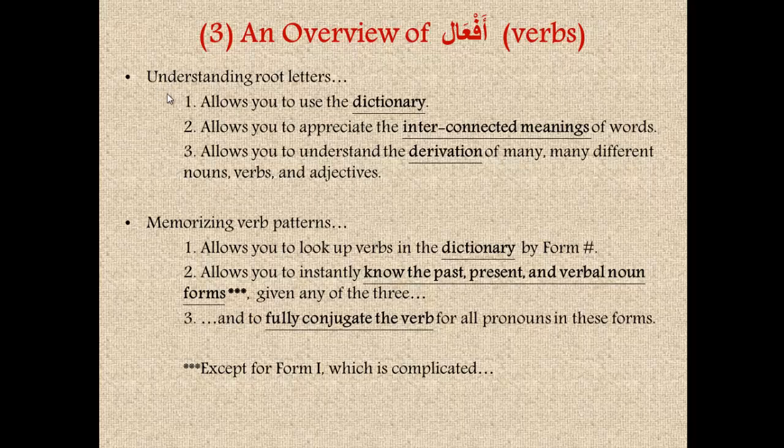Understanding root letters allows you to, number one, use a dictionary. By dictionary, I'm referring to the Hans Wehr English Arabic Dictionary, in which words are organized based on root letters. So if you see a word that you don't know, and you are able to identify its root letters, you can look it up in the dictionary, and you will find it under its building blocks, its root letters.